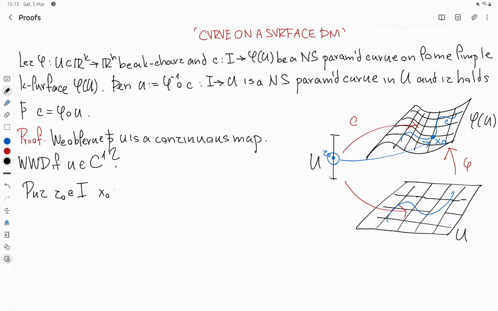So x0 we put as the image of t0 under C. And finally u0 we define as phi inverse of x0, right? So in the picture we put it somewhere down here.